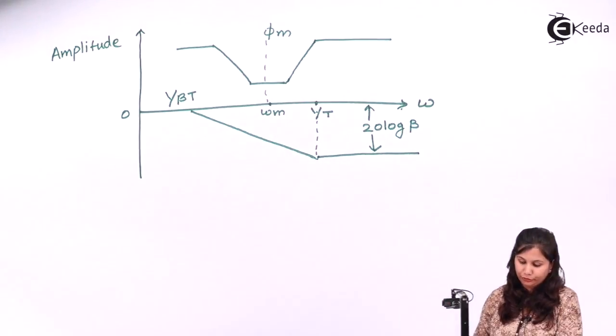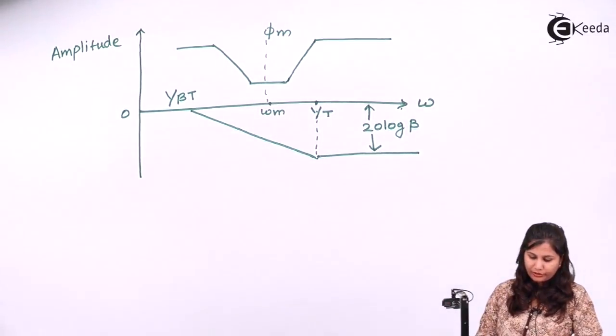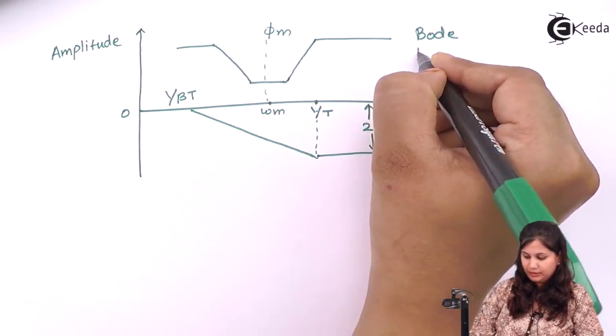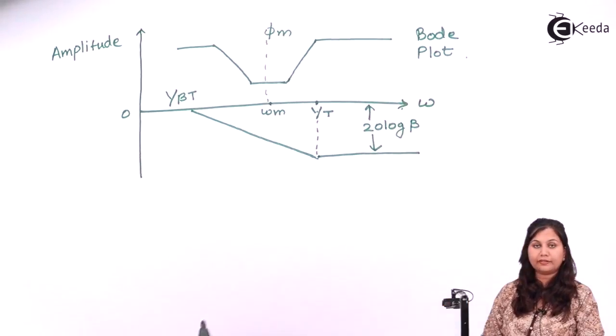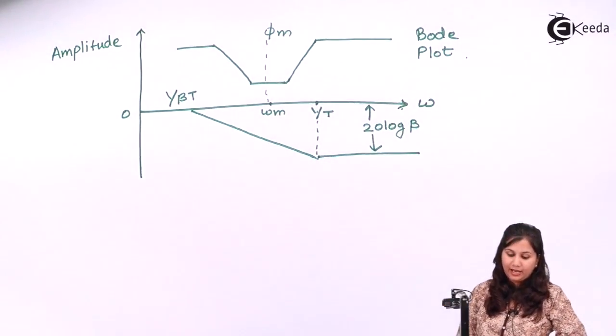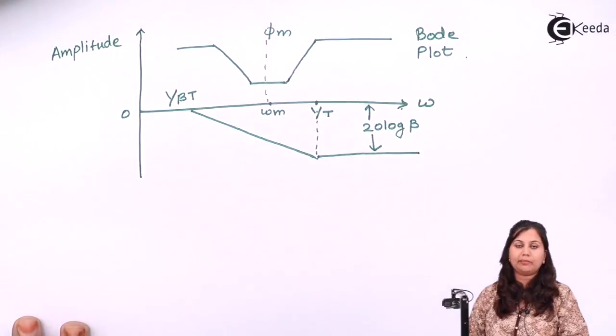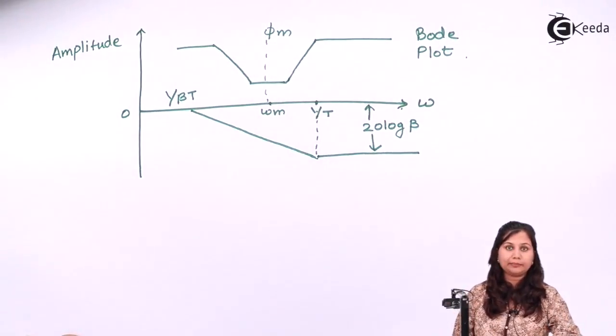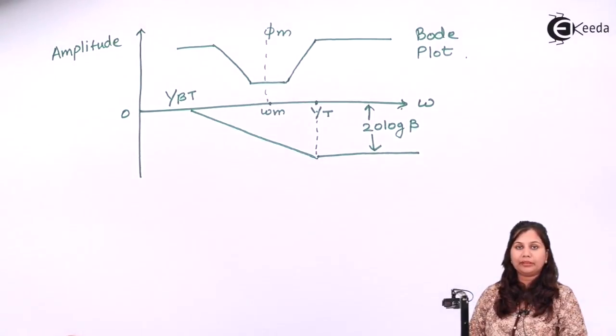This is the magnitude. Okay, so if we see from this Bode plot of the phase lag network, it reveals that the phase lag network allows to pass the low frequency but it attenuates high frequencies. So it is allowing the low frequencies, so it can be used as a low pass filter.